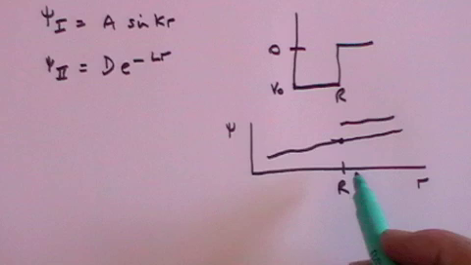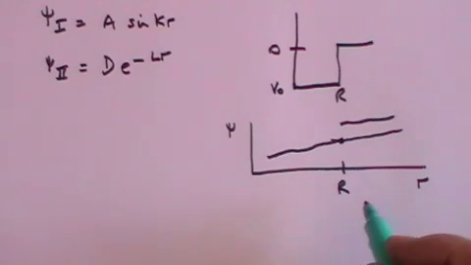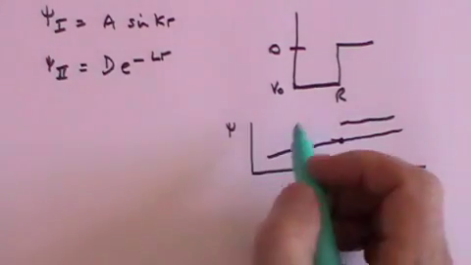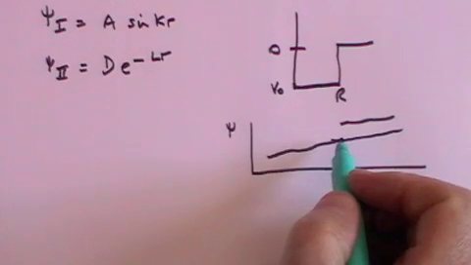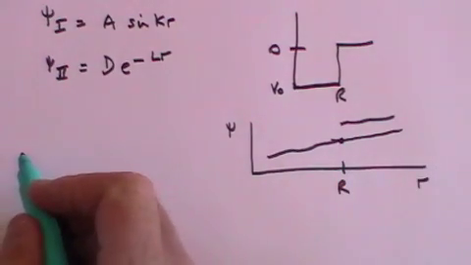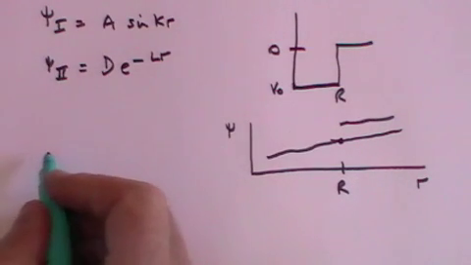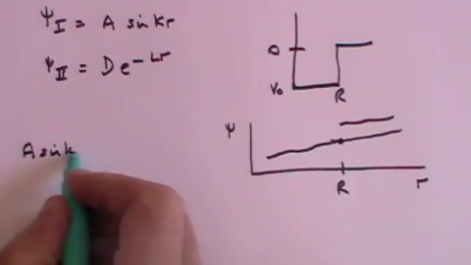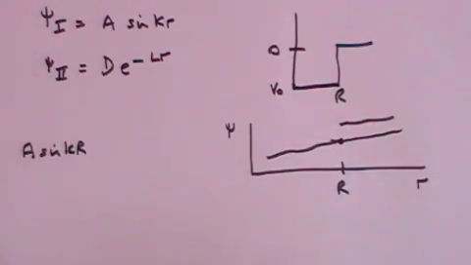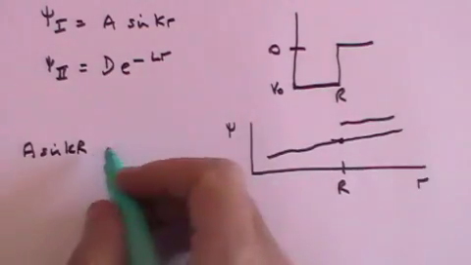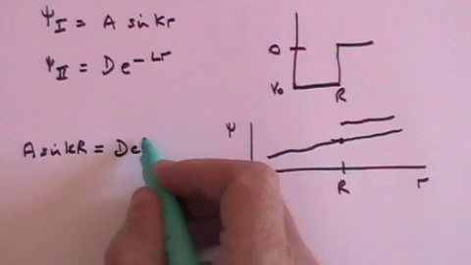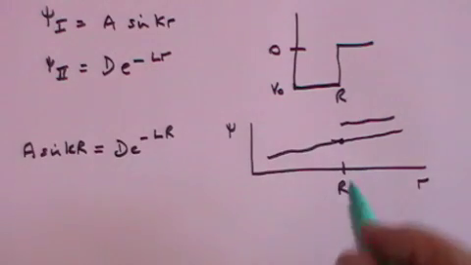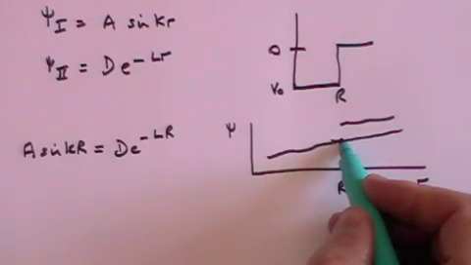Therefore, when R is capital R, psi 1 equals psi 2, because they are both at the same point. So A times sine k capital R, i.e. at the boundary, is equal to d e to the minus L capital R. It's only at that point that those two wave functions have the same value.